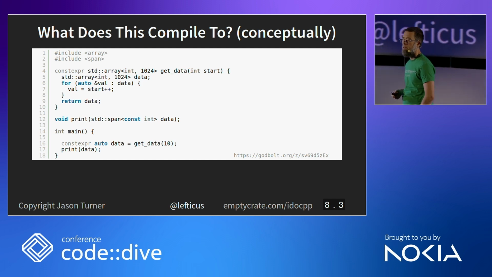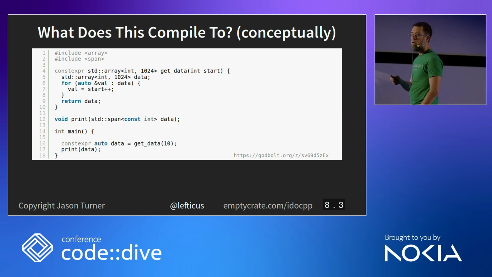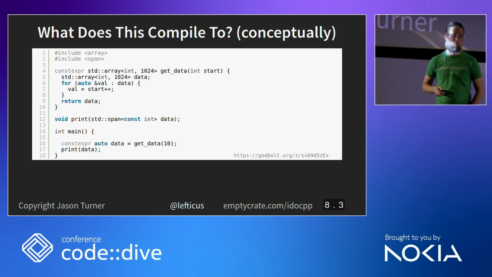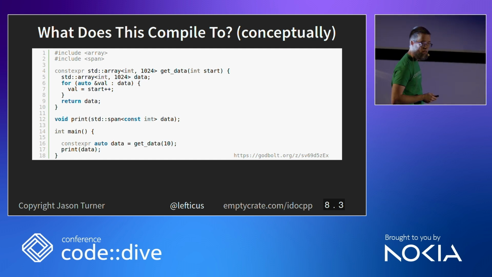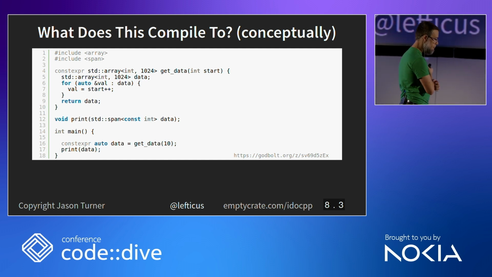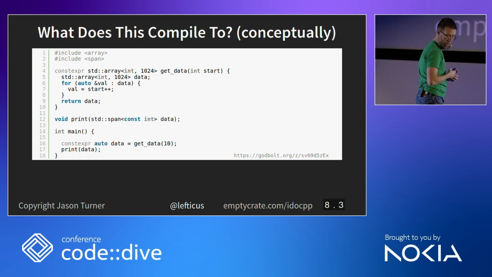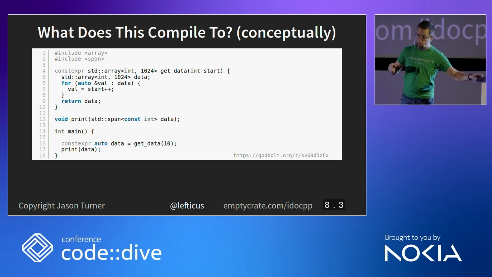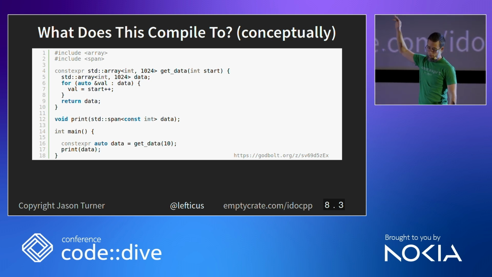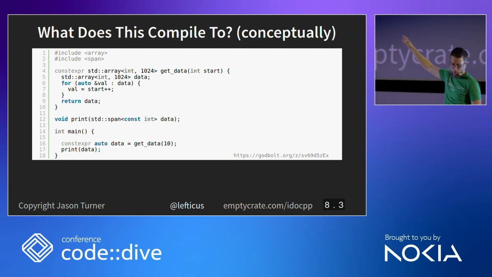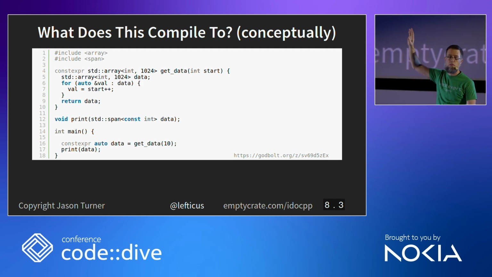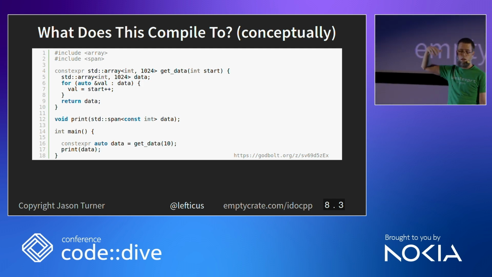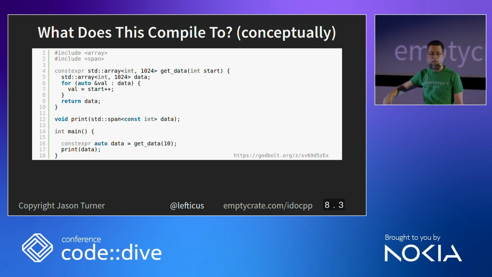I am not looking for you to write every line of the assembly on this one. We've officially moved past that. But the question is, what does this compile to, at least conceptually? I've got this function called print on line 12. It expects a span of const ints.